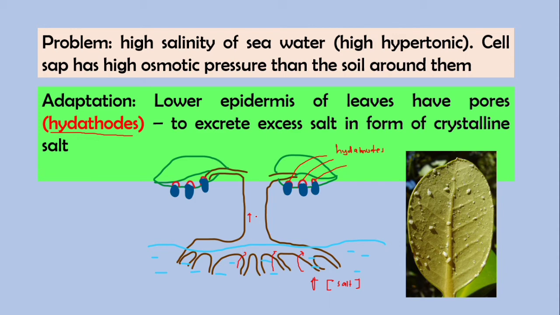So there is a high amount of salt in the cell sap of this plant. So macam mana nak remove excess salt? These mangrove plants will remove excess salt through these pores, the hydathodes. Okay, cara dia remove salts in the form of crystalline salts. Ini bentuk crystalline, iaitu bentuk kristal. Macam salt dekat rumah kita.